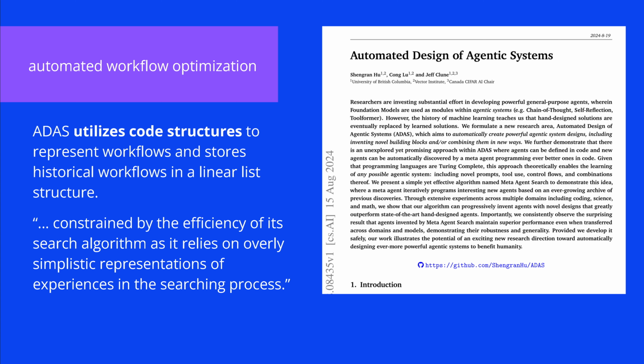Now the authors tell us here that they know this study, but it is constrained by the efficiency of its search algorithm as it relies on an overly simplistic representation of the experience in the search process. So the authors are not satisfied because this is, hey, already from August 2024, so we have to have something better. But if you want to get an idea, please read this particular publication here from mid-August, because they really explain here how you utilize code structure for agentic workflows.